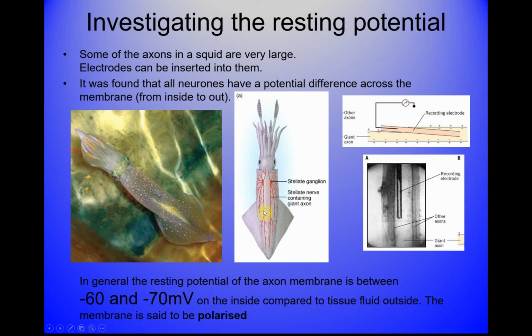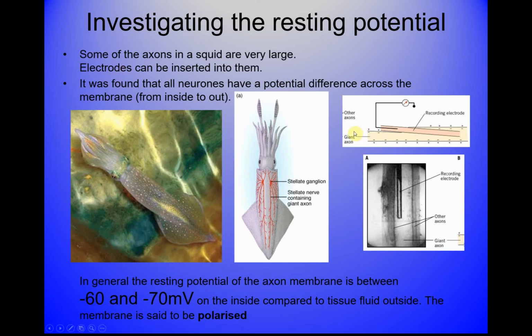These are unmyelinated axons, so they're very large to speed up nerve impulses. Remember we talked about diameter being important in the speed of nervous conduction, and if neurons are unmyelinated, the best way to get speed is to make your neurons wider.